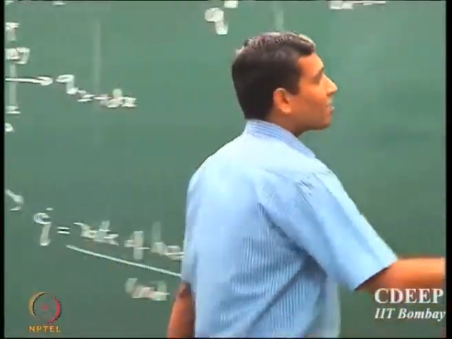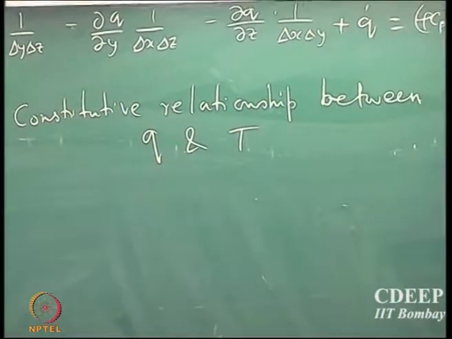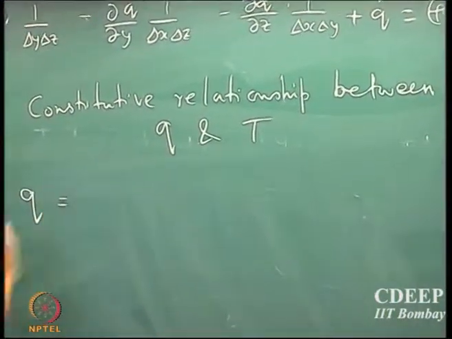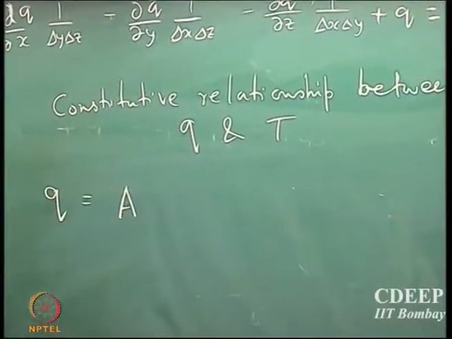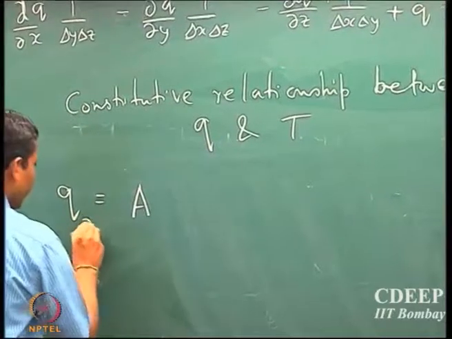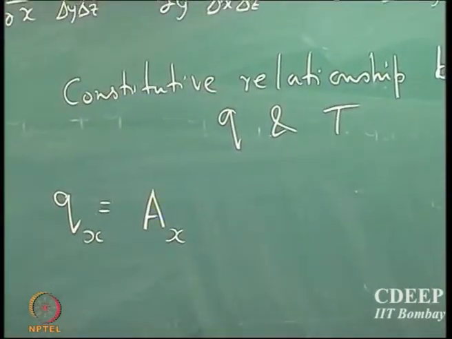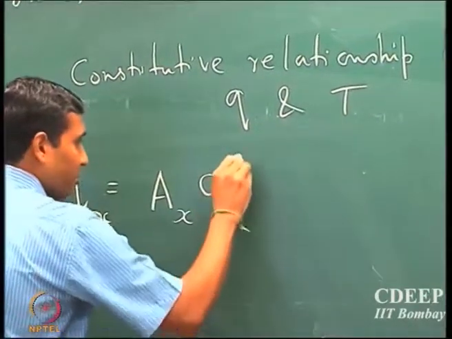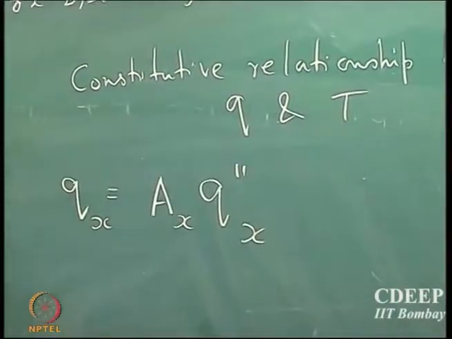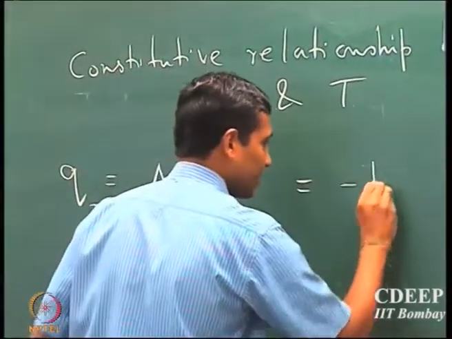Okay, and this is what is given by Fourier's law that we saw in the last lecture. So Q is given by the area of heat transport in whichever direction you are considering. Supposing it is x, it's the area of heat transport in the x direction multiplied by the corresponding flux in the x direction, right? And this is given by minus k.